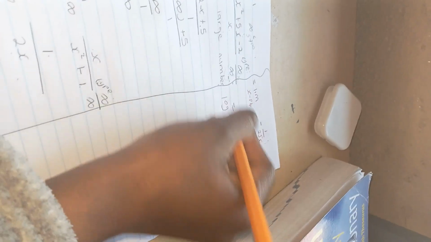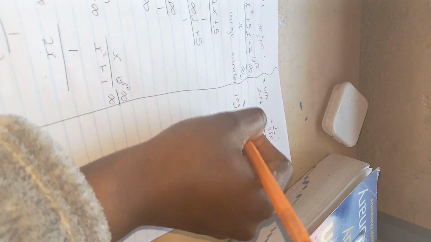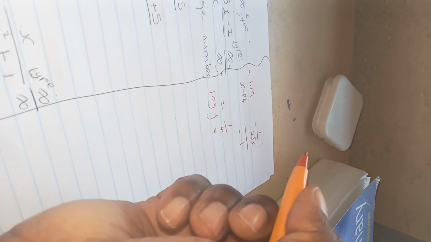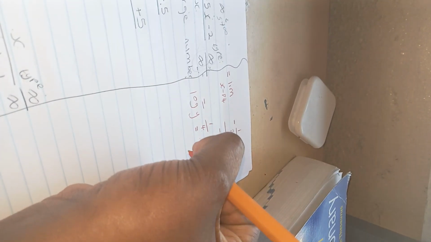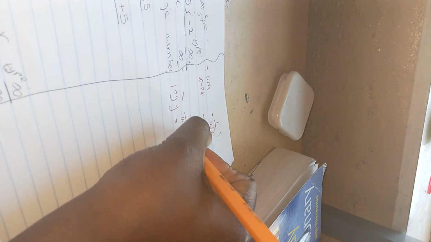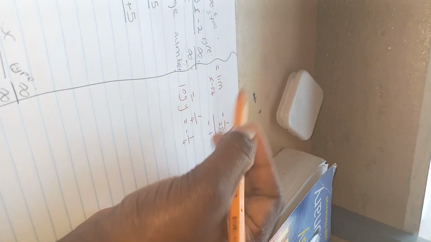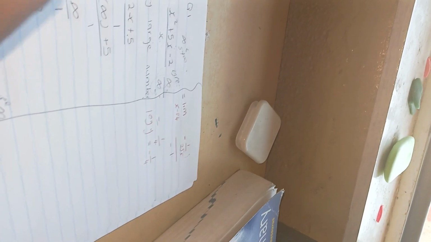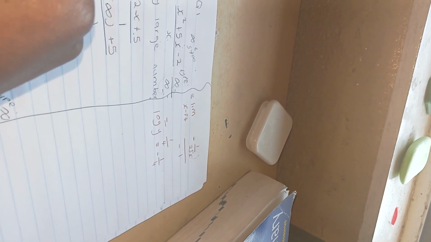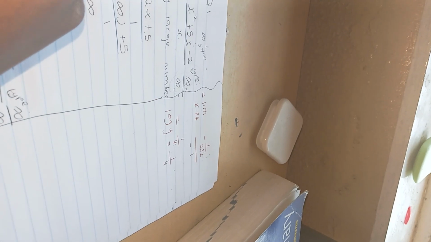After getting this 1 over 4, then you're going to say log y is equal to negative 1 over 4. Remember there we had negative log y, so when we are looking for log y, that is going to change.